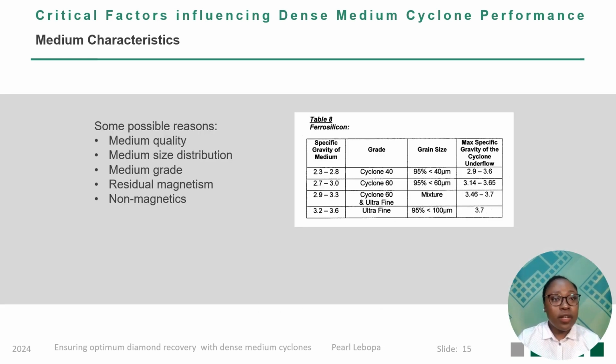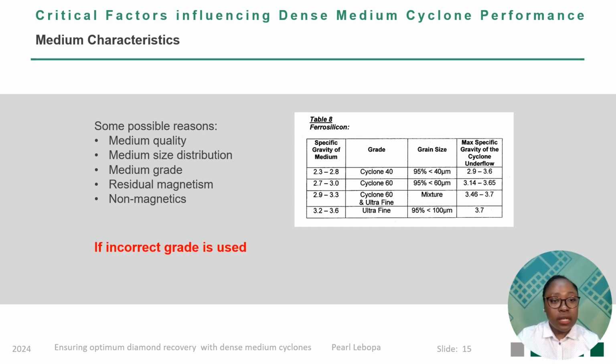Now, some of the medium characteristics that are a possible reason for the inefficiency of the separation in your dense medium cyclone could be the medium quality, the medium size distribution, the medium grade being used in your dense medium separation, and the residual magnetism, as well as the magnetics and non-magnetics within your medium.